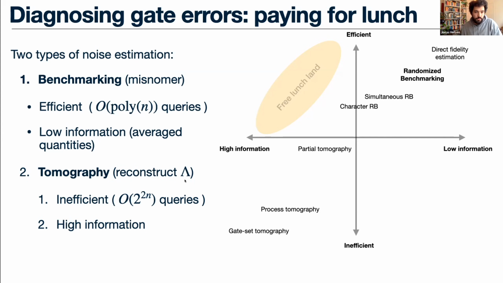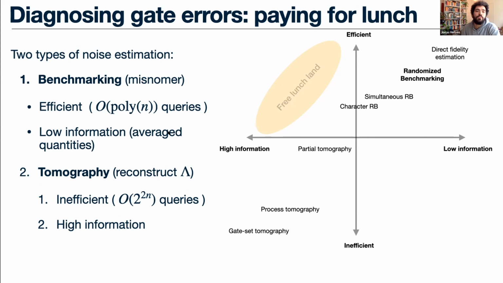And this is something that you can do in practice. The problem is that you are going to have to query your quantum channel: prepare a state, apply the channel, measure. You're going to have to do this at least as many times as there are elements in your quantum channel. So this is a big, unpleasant exponential.